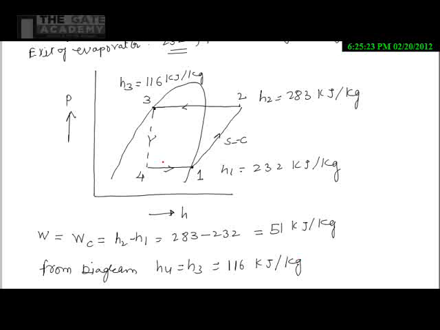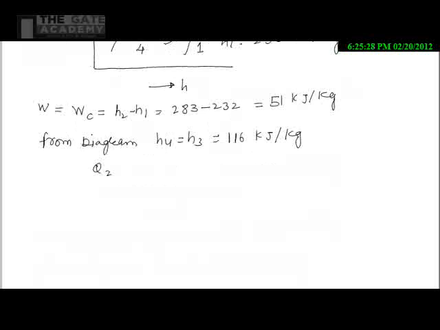So Q2 will come here for refrigerating effect. So Q2 equals H1 minus H4. So 232 minus 116, if we calculate this, it will come 116 kilojoule per kg. So now we are having Q2 and W.